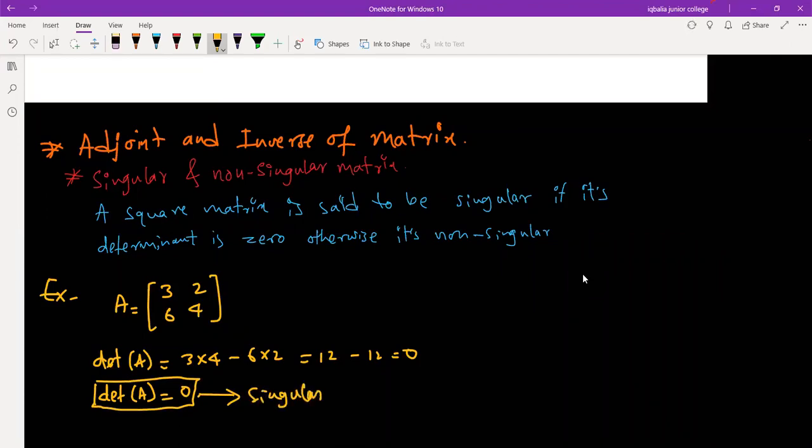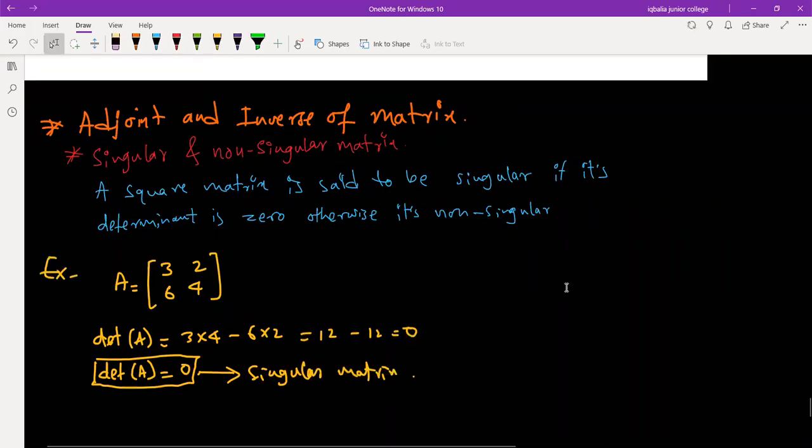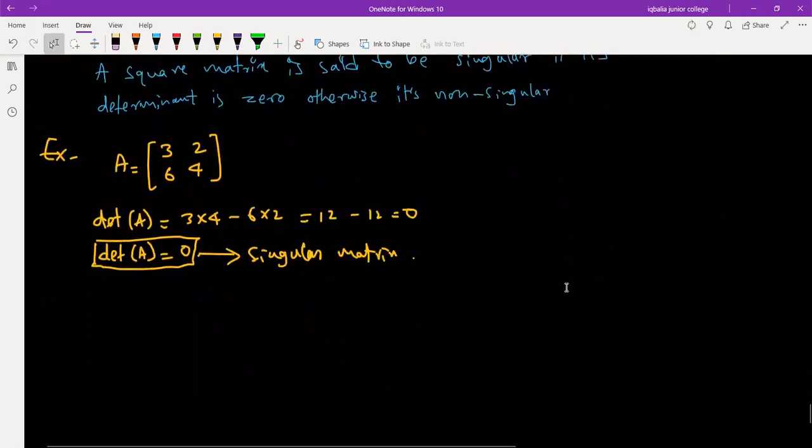Girls, did you understand the singular matrix? Yes, sir. Okay. Now, suppose I have a matrix 3, 2, 6, 5.